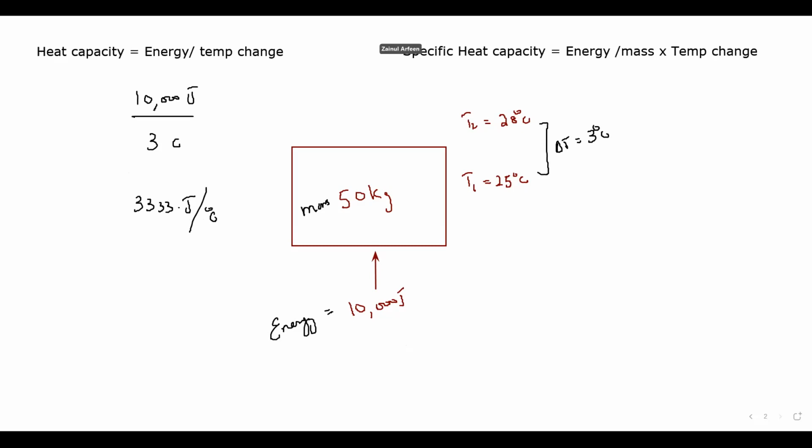But how do we get the specific heat capacity? Specific heat capacity is how much energy is needed for 1 kilogram to change temperature by 1 degree centigrade. So the total energy which we supplied is 10,000. The mass of the object is 50 and the temperature change is 3.